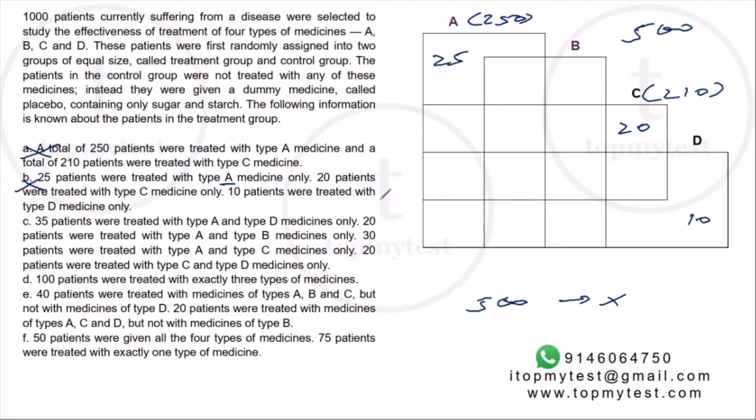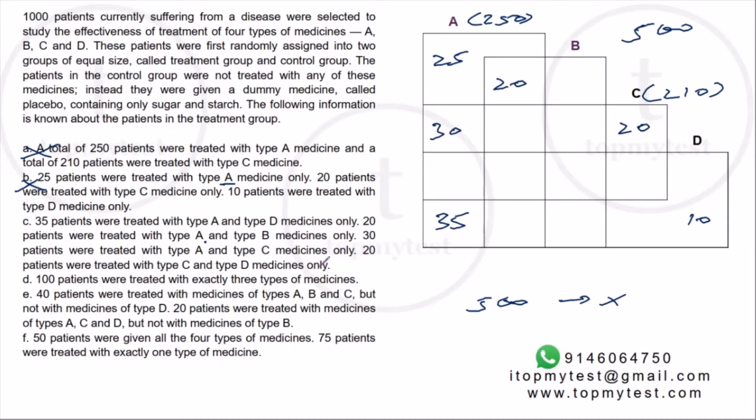This is also done. 35 patients were treated with type A and type D only. Type A and type D only will be 35. 20 were treated with type A and type B only. 30 with type A and type C only. A and C only, that is 30.